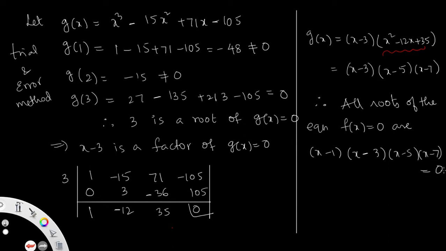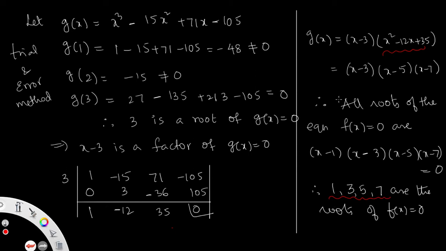That is nothing but 1, 3, 5, 7 are the roots of f of x equal to 0. Not just one of the roots, all the roots are 1, 3, 5, 7.